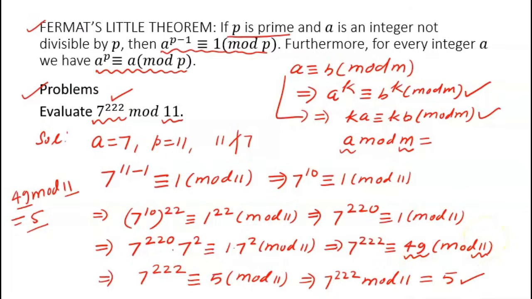Okay. So let us take a few more problems to understand this better. Now look at this problem. Evaluate 5 to the power 2003 modulo 7. So here a is 5, prime p is 7, and 7, the prime p, does not divide 5.